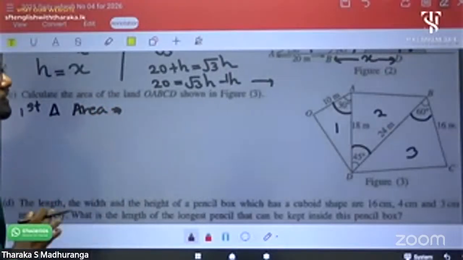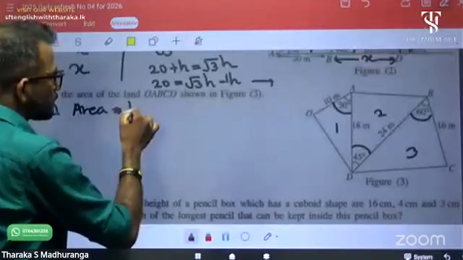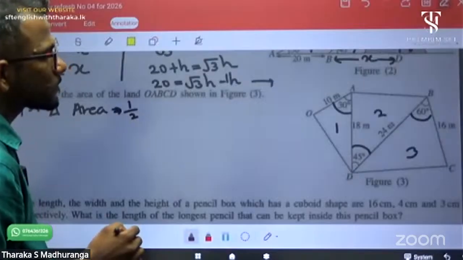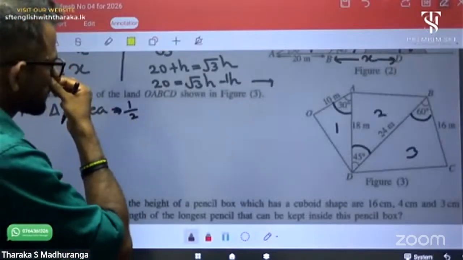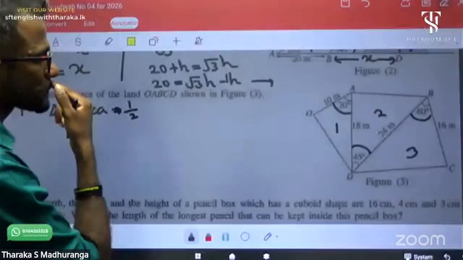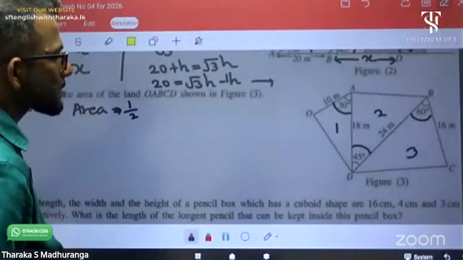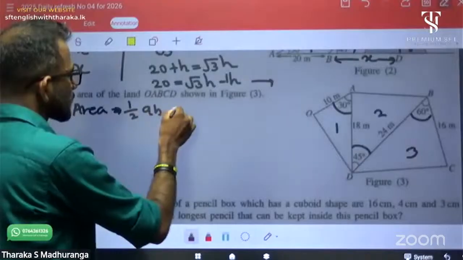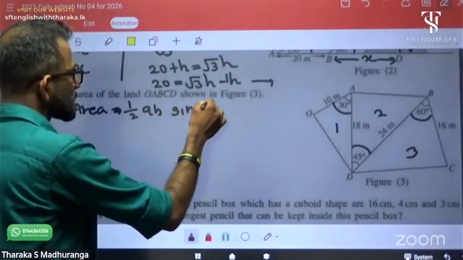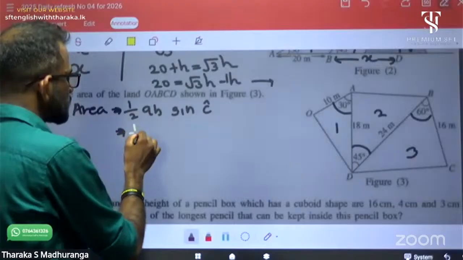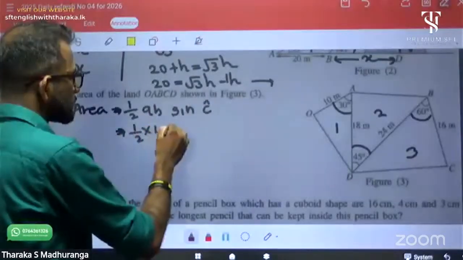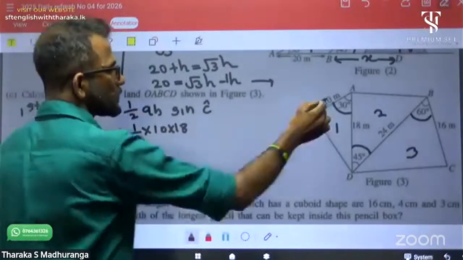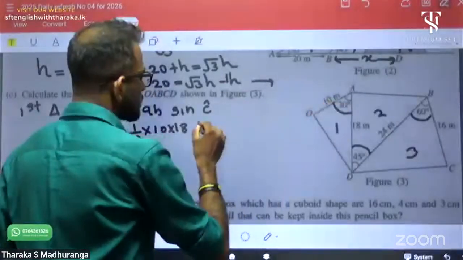What is the equation you can use? Half into AB sin C. Half into 10 into 8, because these are the two sides between the angle.